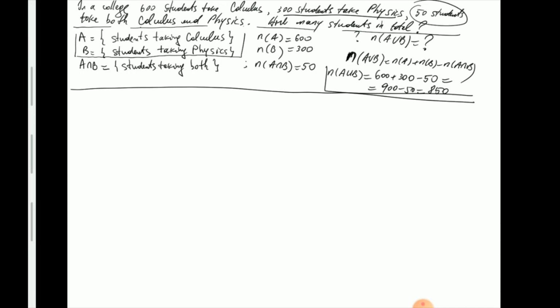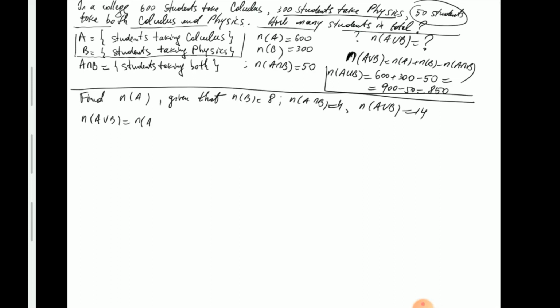Some problems in the homework are not word problems. For example, you could have another example: find the number of elements in A, given that the number of elements in B is equal to 8, the number of elements in the intersection is equal to 4, and the number of elements in the union is equal to 14. The same counting formula works, obviously.